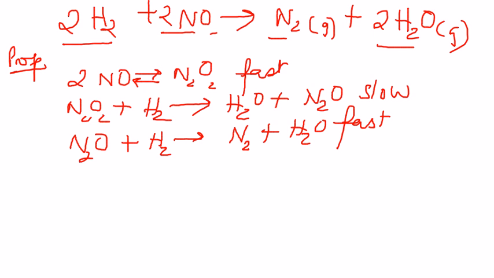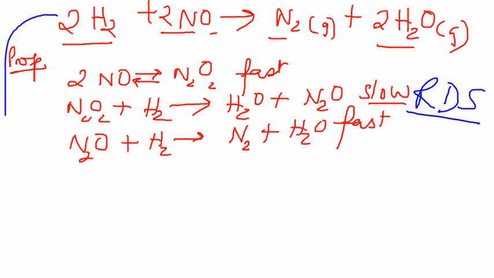The question is, show that the mechanism is consistent with the rate expression. So two things. The first thing that you should worry about is locate the slowest step, because the slowest step is also going to be your rate determining step. And then whatever is your overall reaction, essentially the rate is going to be equivalent to the rate of the rate determining step.